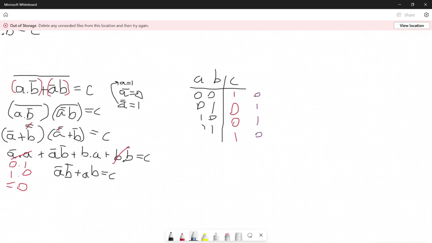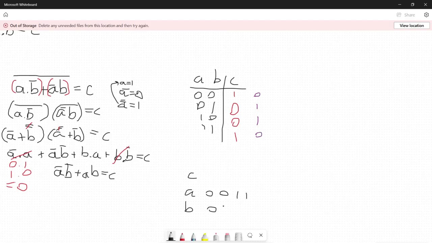And then the last thing we need to do is check our truth tables. So this is C, this is B, this is A. Sorry, I flipped them around. This is A, and this is B. This is 0, 0, 1, 1.